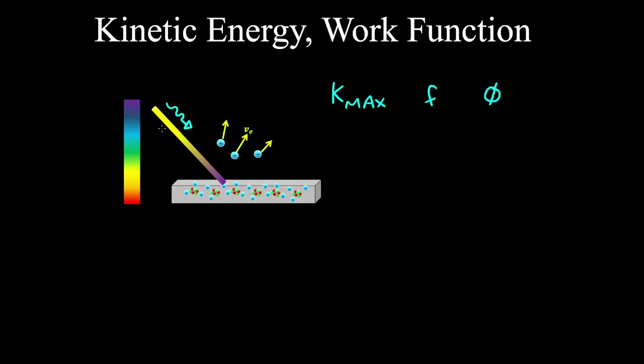So if the electron absorbs the energy of a photon, which is equal to Planck's constant times the frequency of light, and if this energy of the incident light is greater than or equal to the material's work function, then the electron absorbs this energy and leaves the material with a kinetic energy equal to the energy of the photon minus the material's work function.